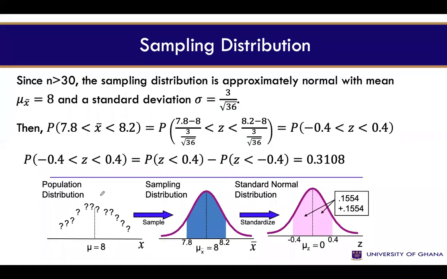So given that n is large, the sampling distribution is approximately normal with a mean of mu x, and the standard deviation is the standard error, which is the standard deviation divided by the square root of n. That gives us 3 divided by the square root of 36, which is 0.5.